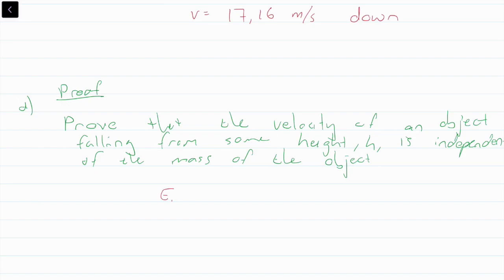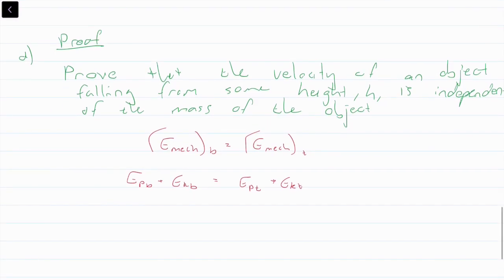So again, we're going to go with our mechanical energy at the bottom is equal to our mechanical energy at the top. So we have EP bottom plus EK bottom is equal to EP top plus EK top. Okay, and as we discussed before, the potential energy at the bottom is equal to 0, and the kinetic energy at the top is equal to 0. So we have EK at the bottom is equal to EP at the top.